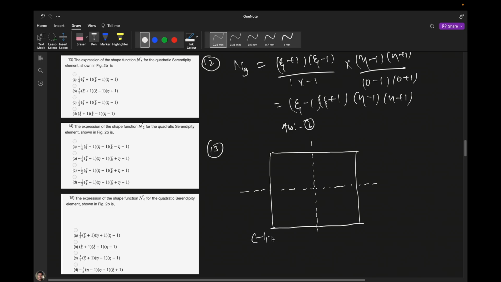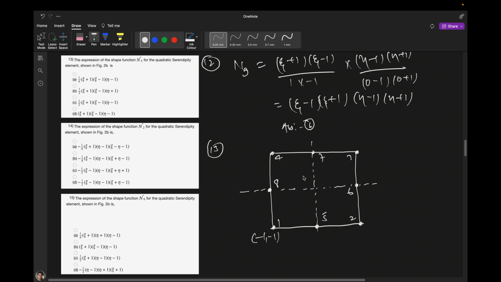So here -1, here there is a node, here there is a node, here, but there is no node here. So 1, 2, 3, 4, 5, 6, 7, 8.